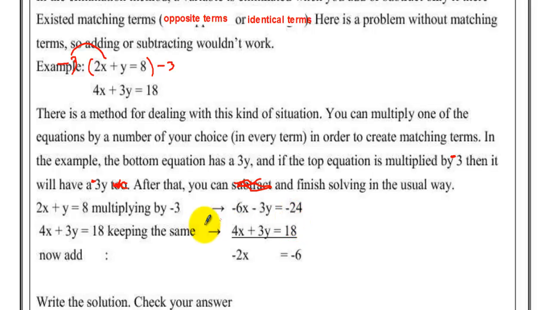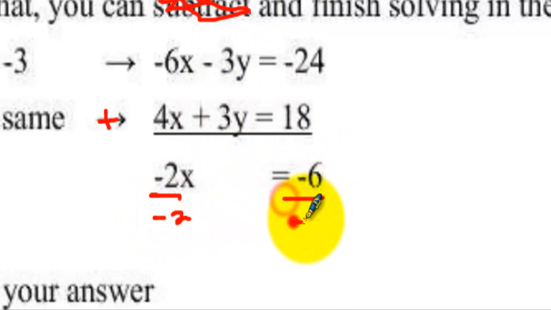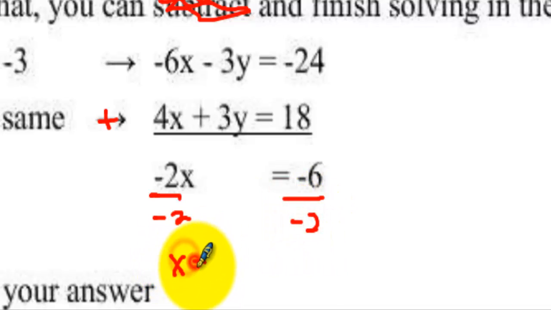And once we add the two equations, we were able to eliminate the y variable. So negative 6x plus 4x is negative 2x. Negative 24 plus 18 is equal to negative 6. Divide by negative 2, we'll get x equals 3.